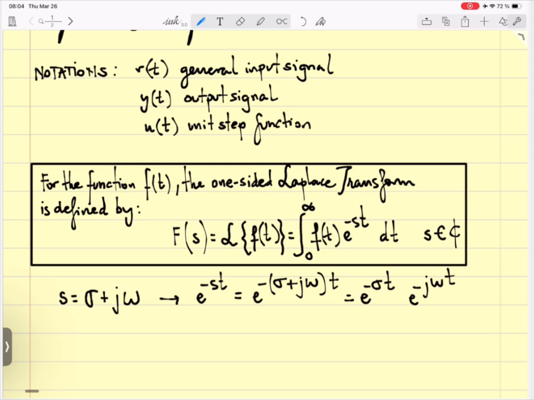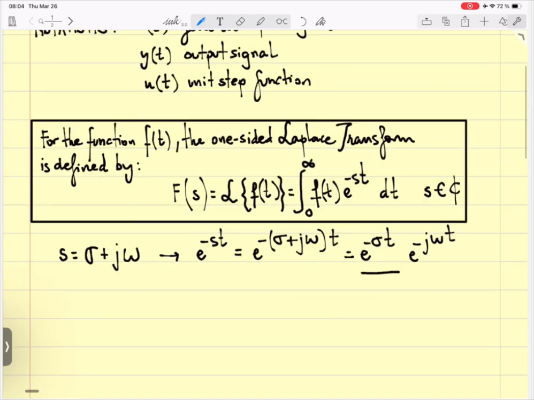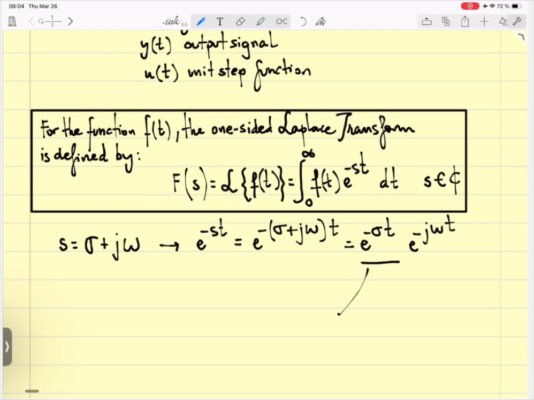So this factor describes decay or growth depending on the sign of sigma, and this factor contains oscillation.